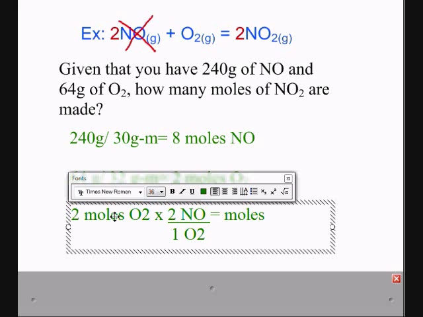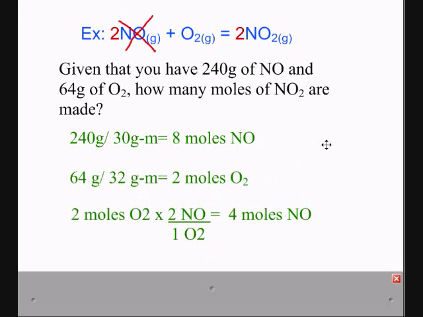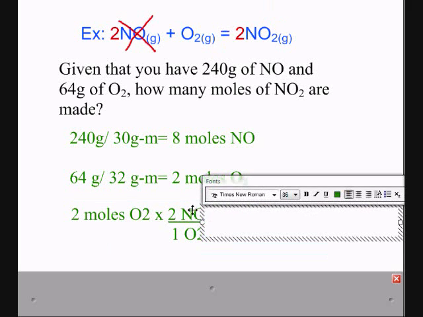Let's do the math. 2 moles times the ratio 2 over 1 gives us 4 moles then of product, which is NO2. Sorry about that.